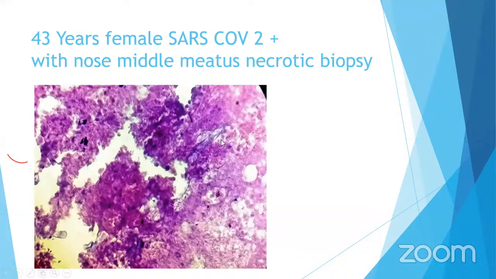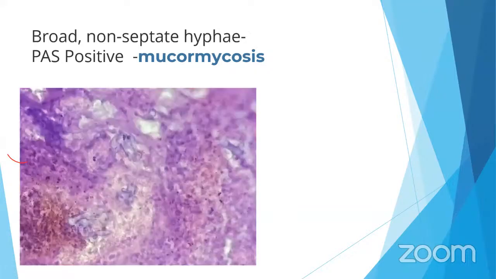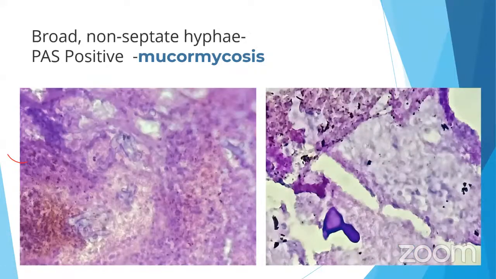You are going to see broad hyphae, broad non-septate, with branching at right angles, around 90-degree angles. This is PAS positive. This should be diagnosed as mucormycosis.